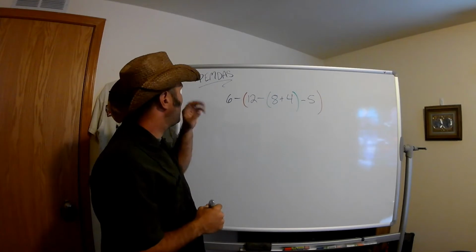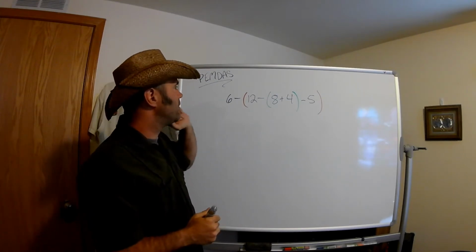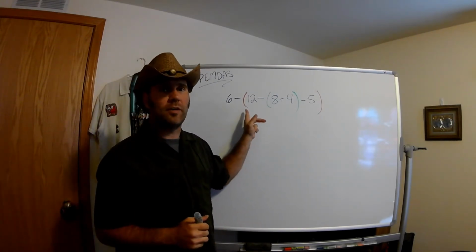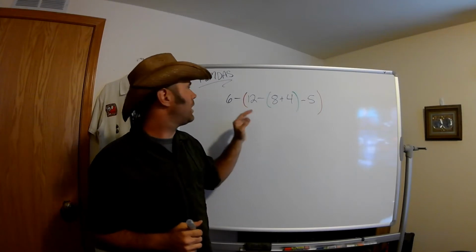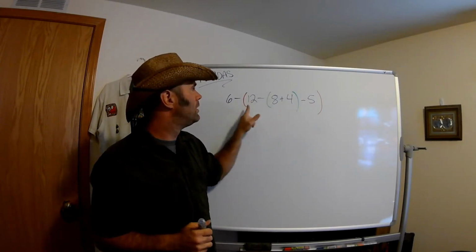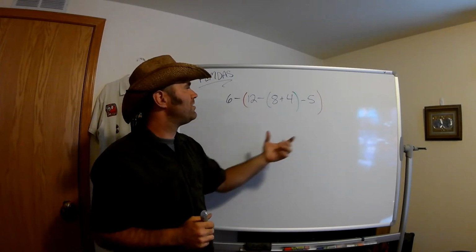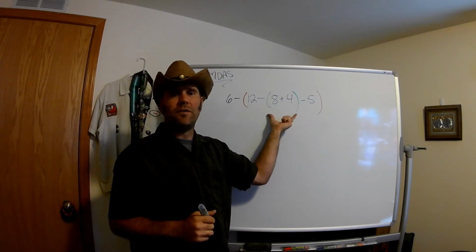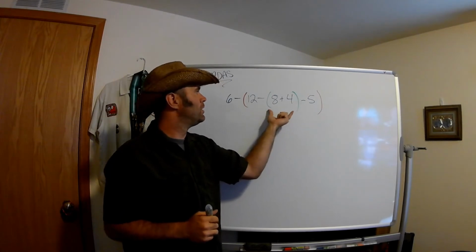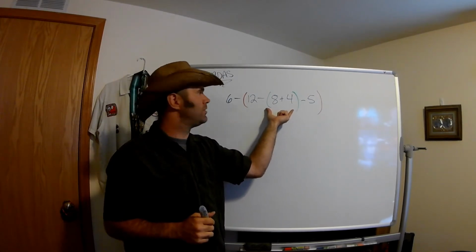So when we're doing PEMDAS, we want to look for parentheses, and we see that we've got a parentheses here. So we might think, oh, we can deal with what's going on here first. But since there's a parentheses inside of the bigger parentheses, we must deal with that parentheses first.